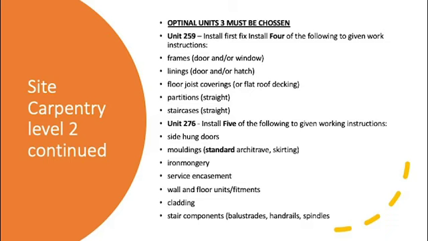Unit 276 is second fix joinery, where you would choose 5 of the following: side hung doors, mouldings, standard architraves, ironmongery, service encasement, which is pipe boxing, wall and floor unit fitments, which could be kitchen or bedroom, cladding, external or internal, stair components, balustrades, handrails, spindles.